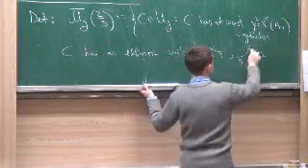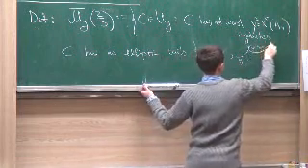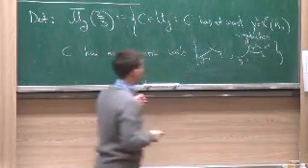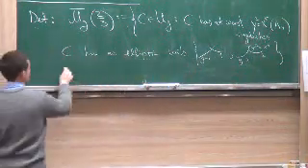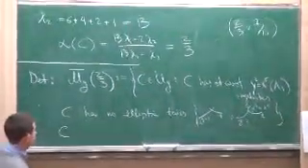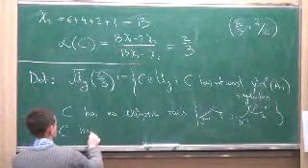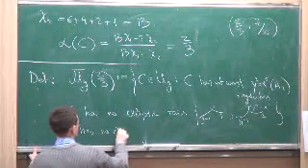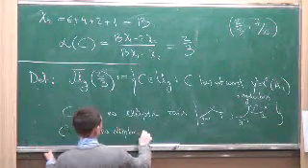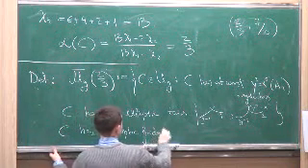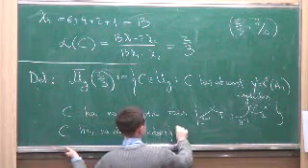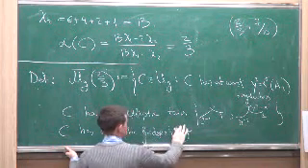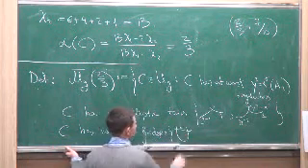Also, as in the case of Hassett and Hyeon, we ask that C has no elliptic bridges, which are curves with a genus 1 component meeting the rest of the curve in 2 points.